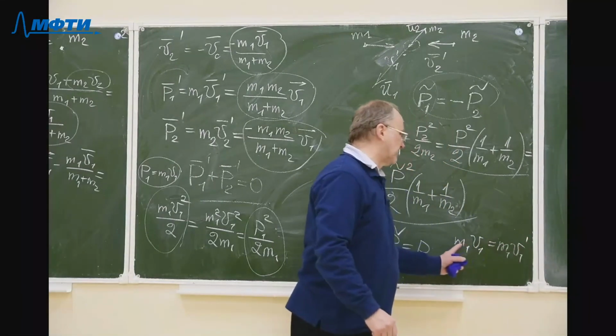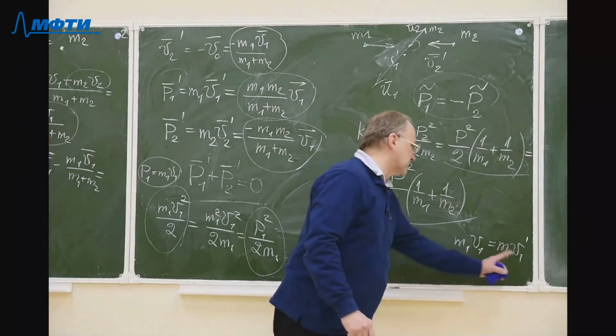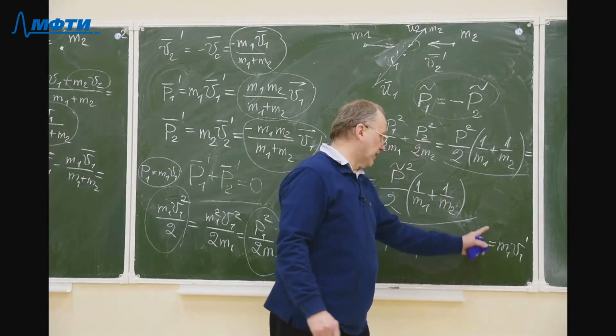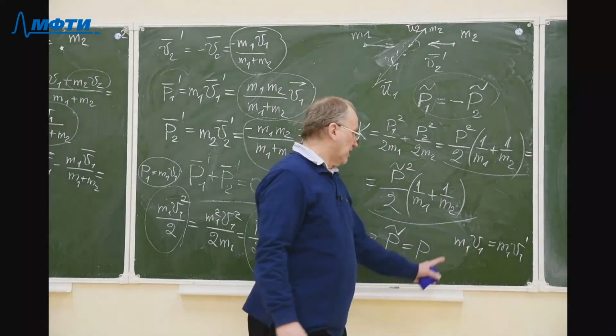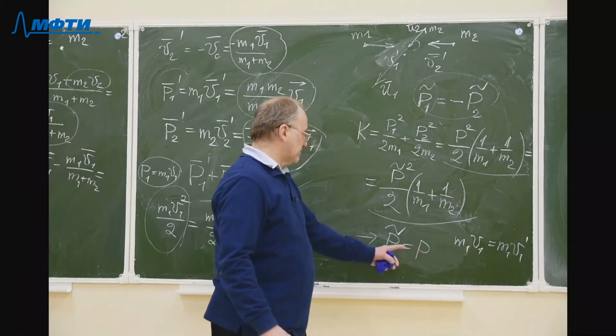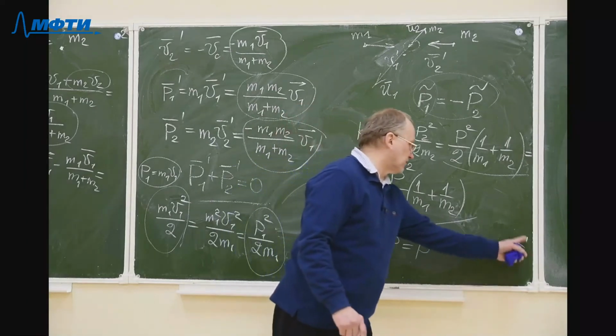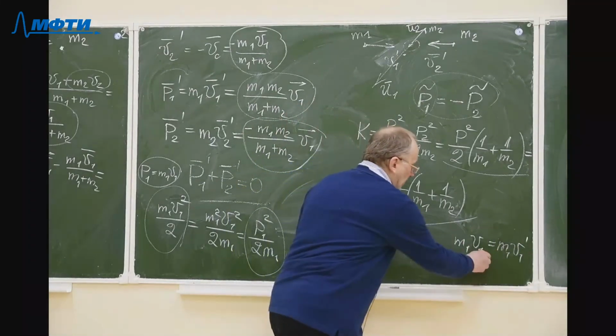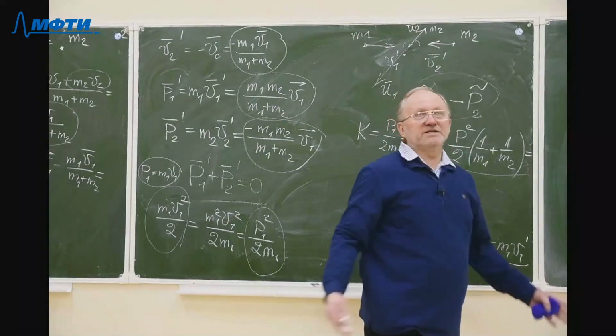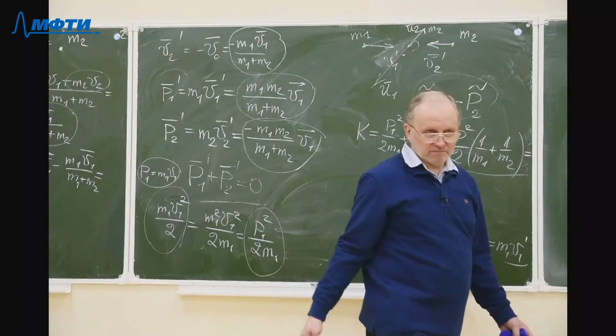Again, I don't use vectors. I'm interested only in magnitudes, so I don't indicate vectors here. I have discovered that after the collision and before the collision, the momentum of the first particle is the same. So the velocity is the same by magnitude, not by direction.